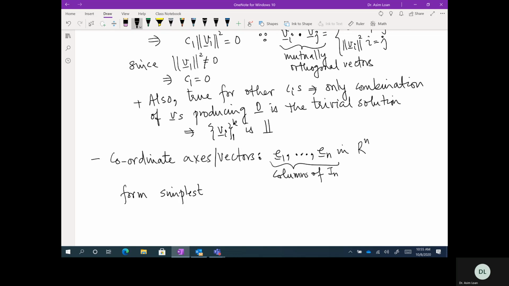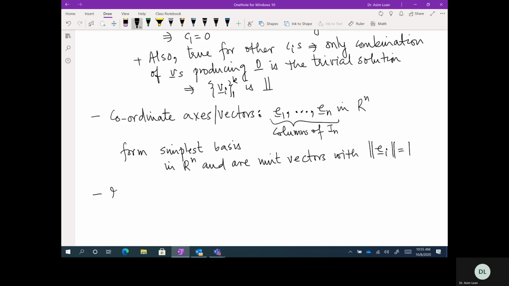This is what we saw in the last lecture, in chapter 2 on linear transformation, that these are the standard bases. They are unit vectors with norm 1, with norm of Ei equals 1.